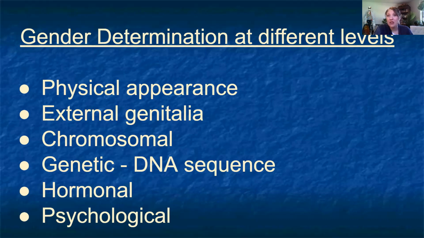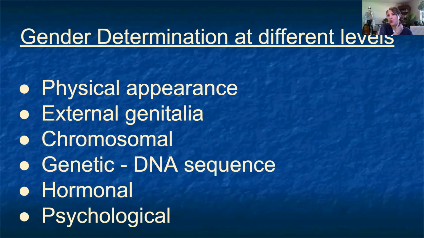Then as we got into it, we started saying, well, that's not really fair. We need a better way to determine gender. So we moved to external genitalia, where if you had the classic external genitalia of male versus female, that was the way that you were determined. The difficulty with that is that, again, there is a spectrum. There are many people whose external genitalia is not purely binary, and they have something in between or both reproductive organs.